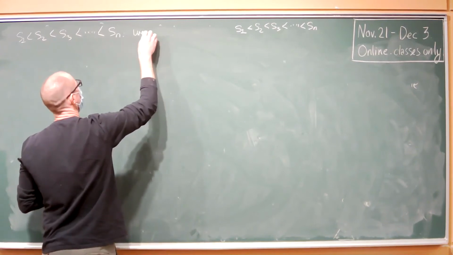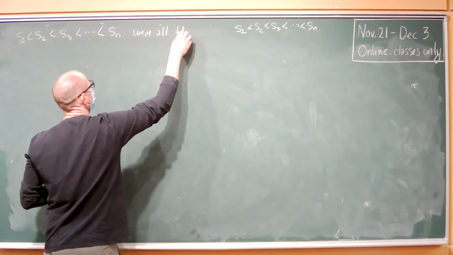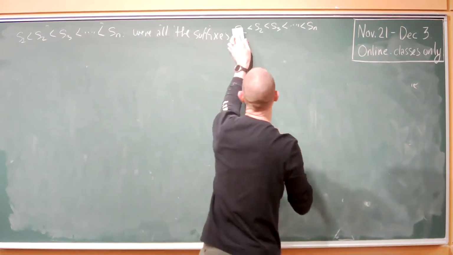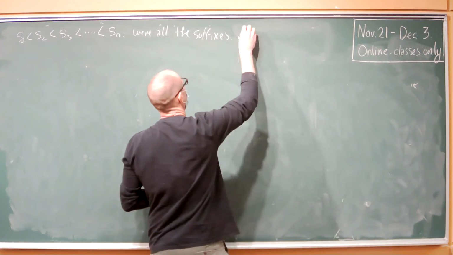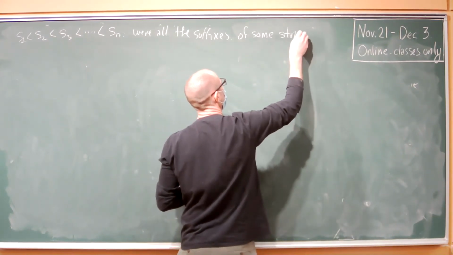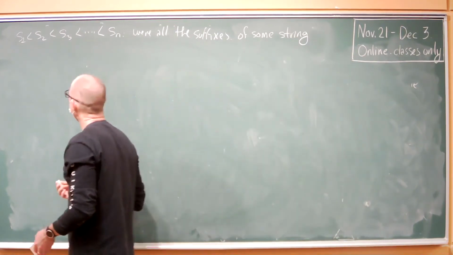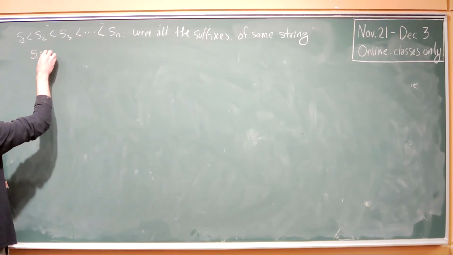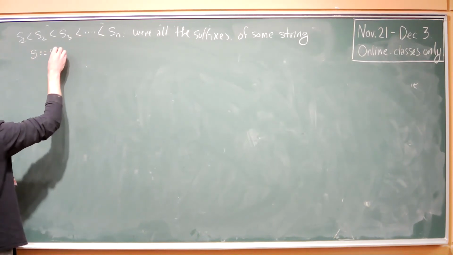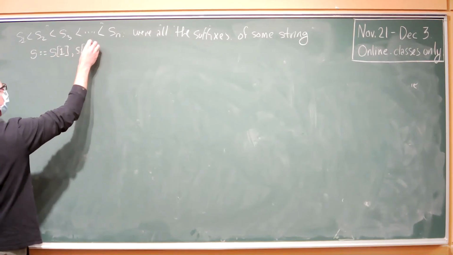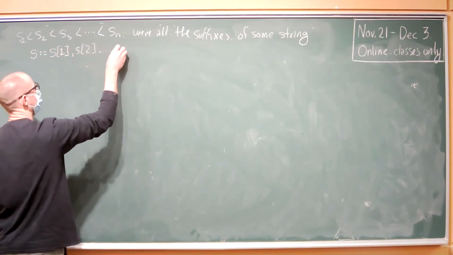They were all the suffixes of some string, which I will call S, and that string has characters, which I'll call S at 1, S at 2, all the way up to S at n.